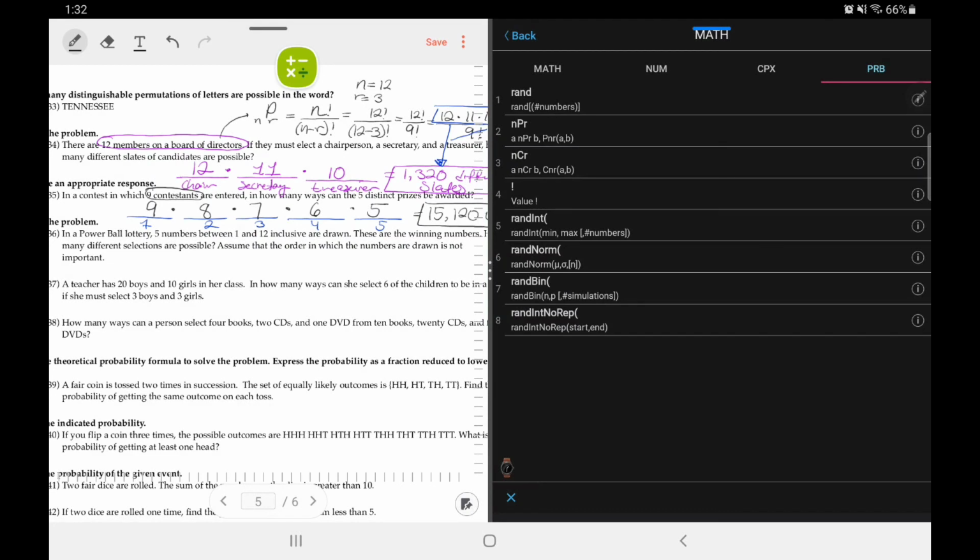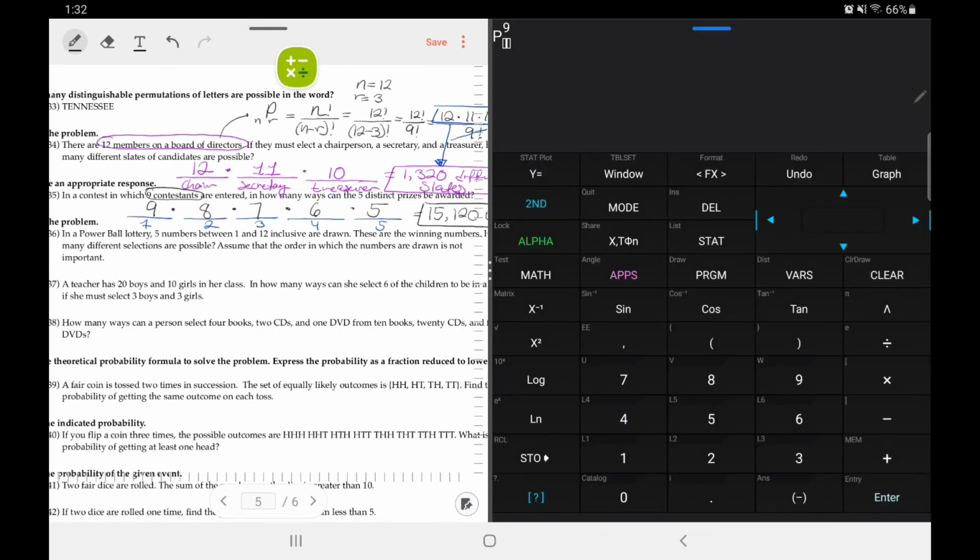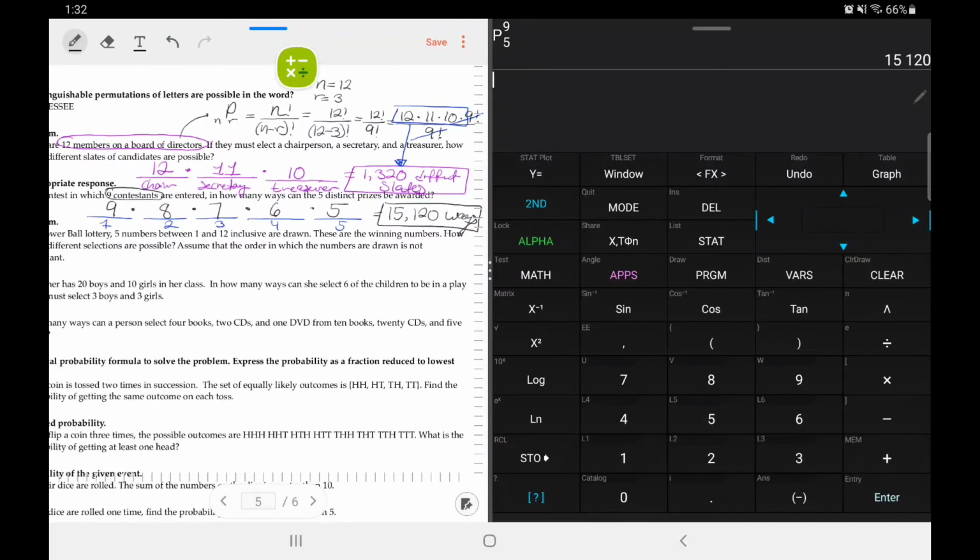When you go over to PRB, click on the second option that says nPr. That is for permutation. And after that, enter the second number, which in this case is 5 because there are 5 distinct prizes. Hit enter and you get 15,120.